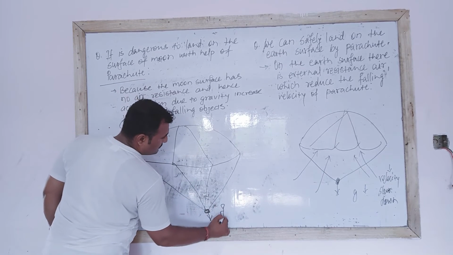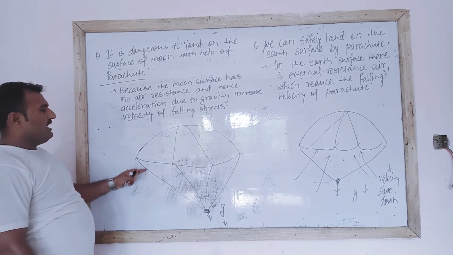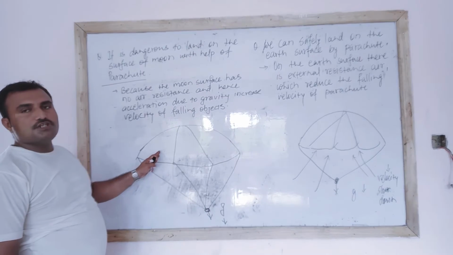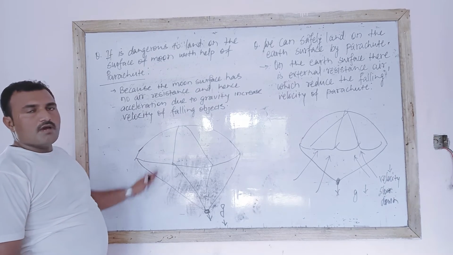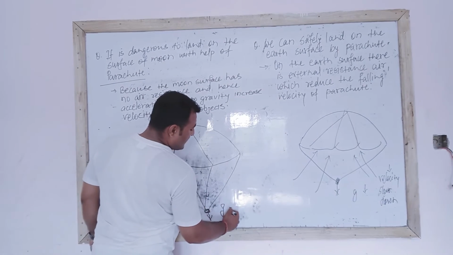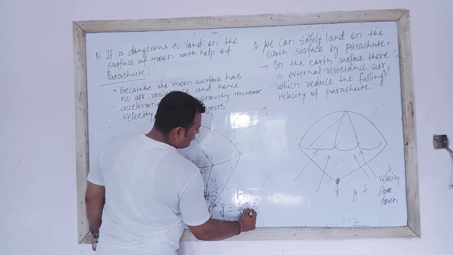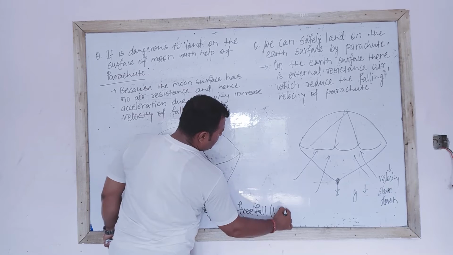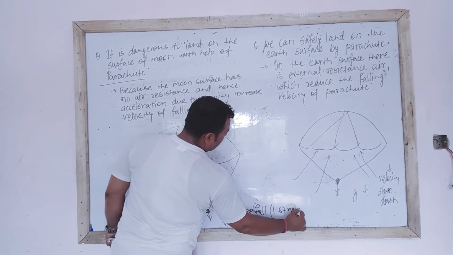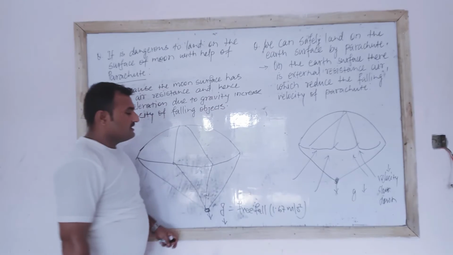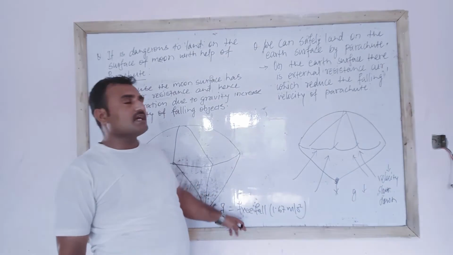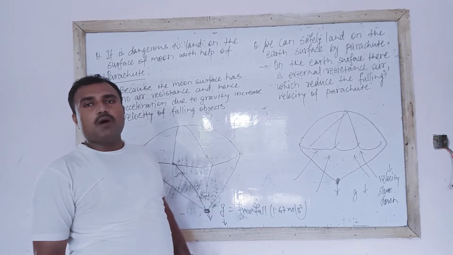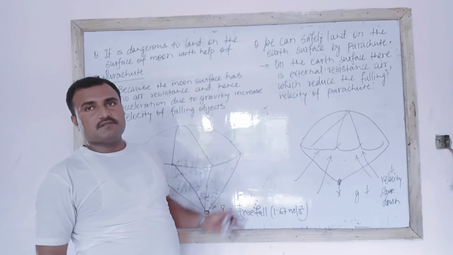Then acceleration due to gravity pulls it downward and there is no external resistance which reduces the falling velocity of the parachute, and in that condition it is free fall. Its acceleration is only 1.67 meter per second square. Velocity gradually increases when it moves downward and it is dangerous.